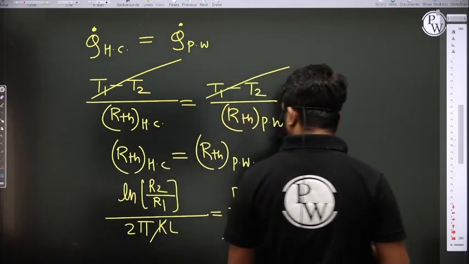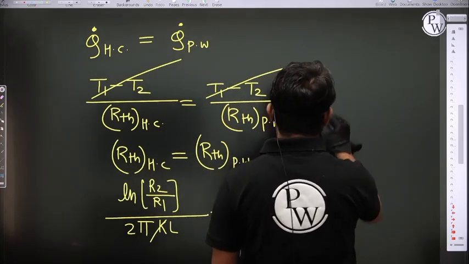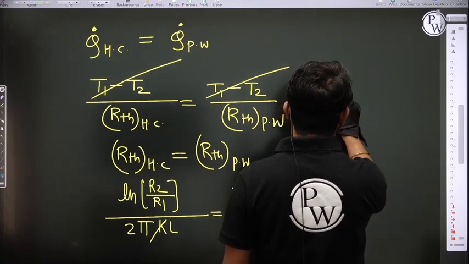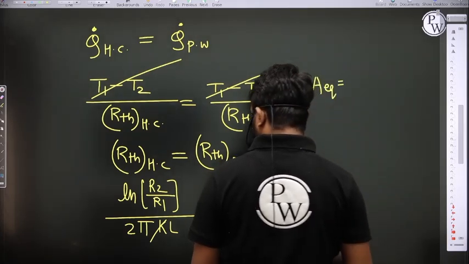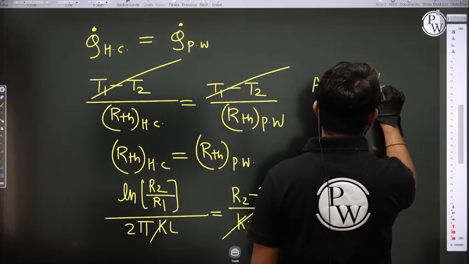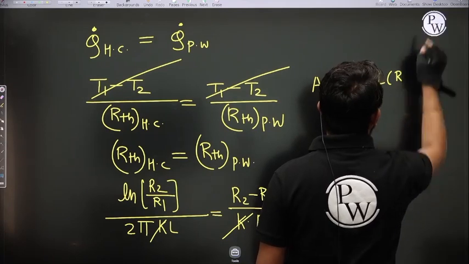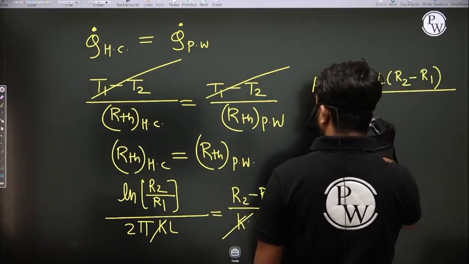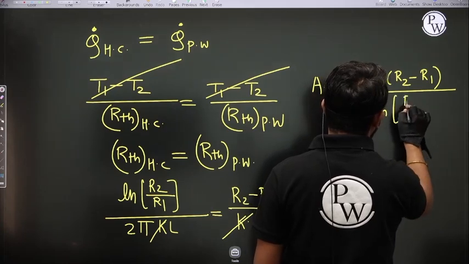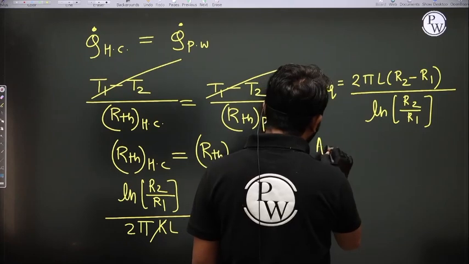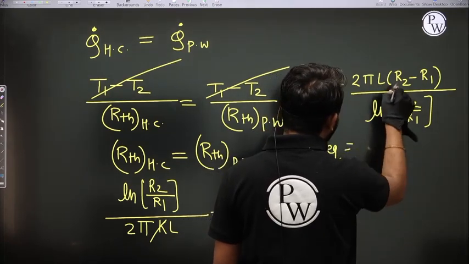So A equivalent is equal to 2 pi L (R2 minus R1) divided by ln R2 by R1.